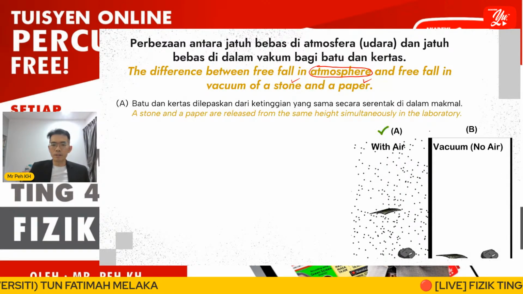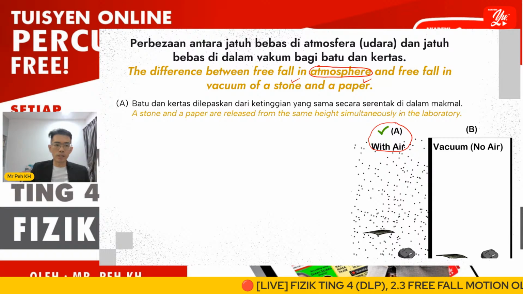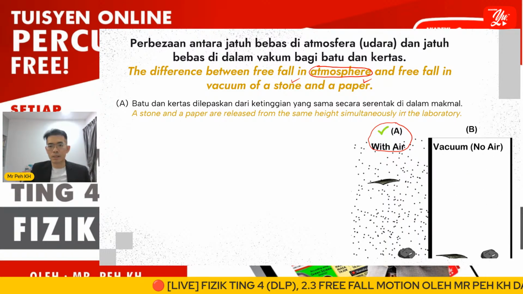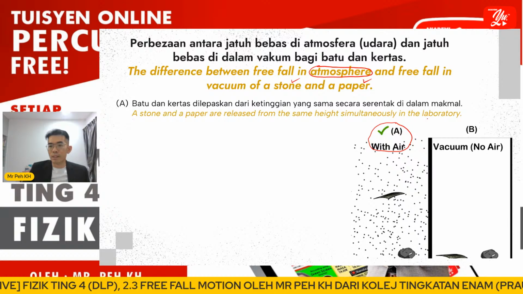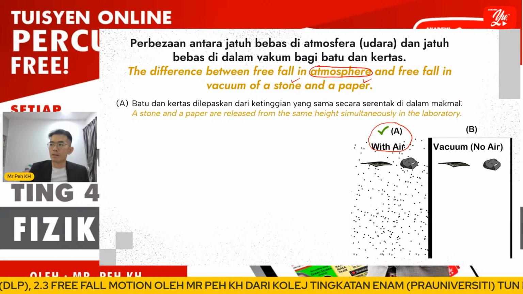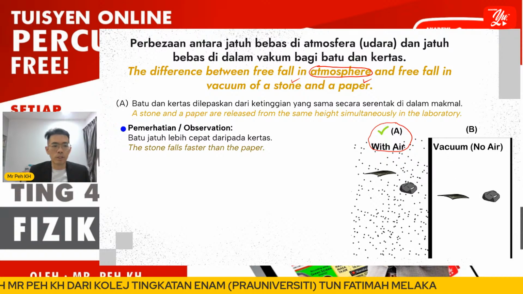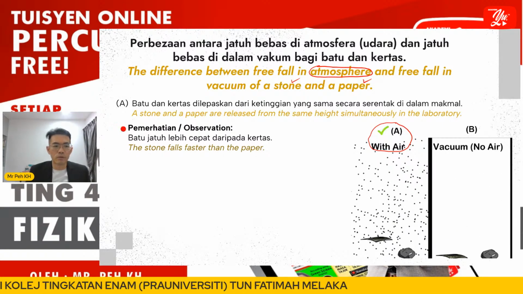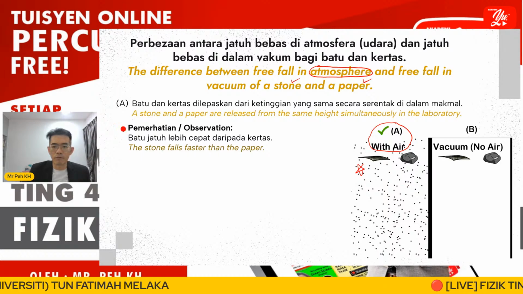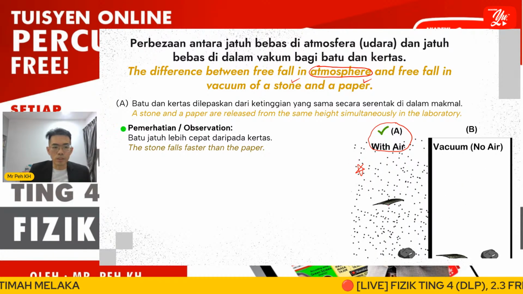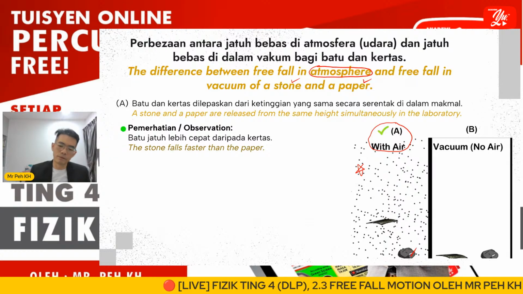For air, we mainly discuss the stone and the paper released at the same height simultaneously in the laboratory. So that means it's a real life condition. What you may observe from the GIF is that the stone falls faster than the paper.